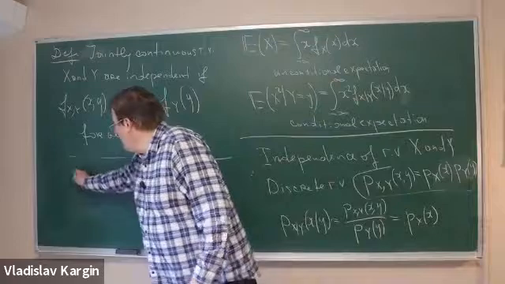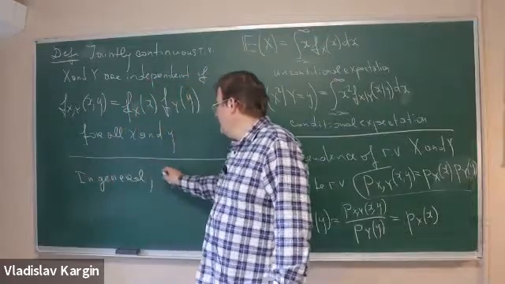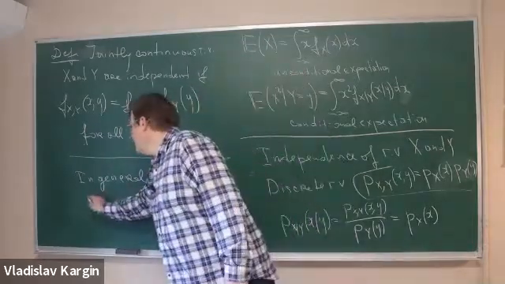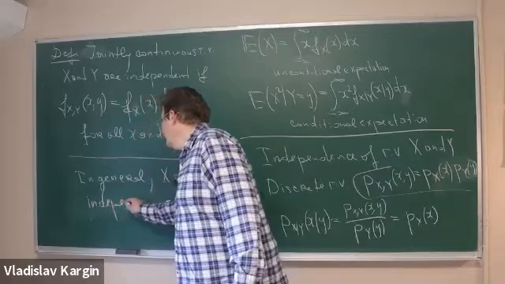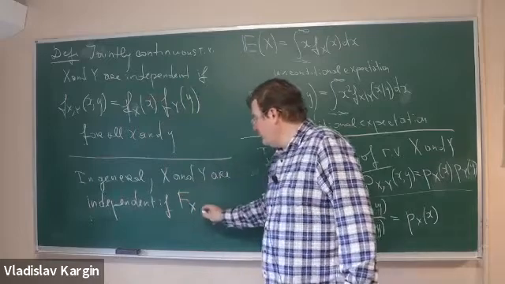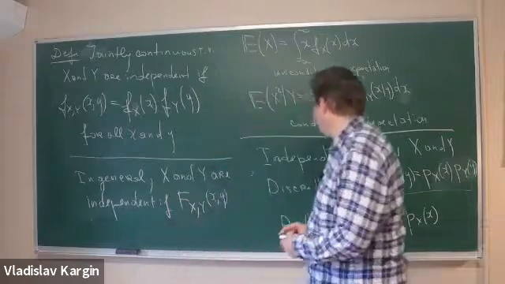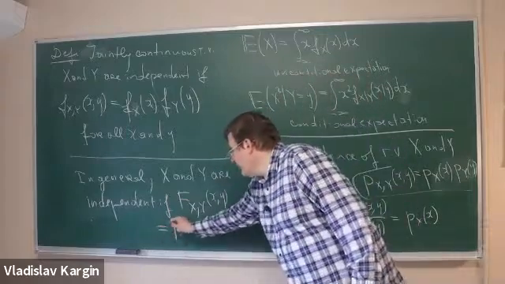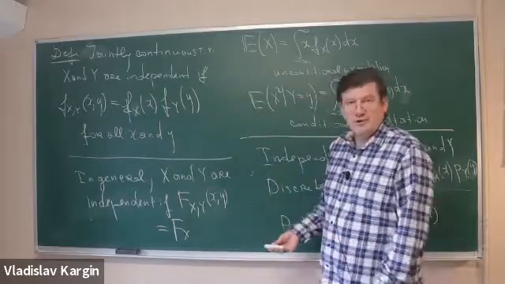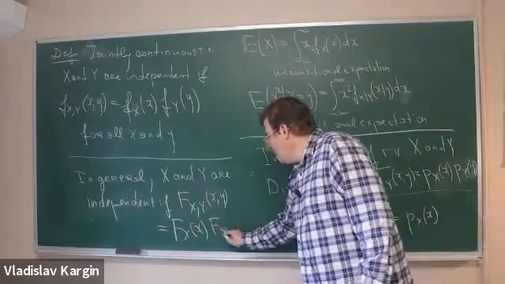So in general, x and y are independent if the cumulative distribution function F of xy of x, y is equal to the product of the marginal cumulative distribution functions: F of x of x multiplied by F of y of y.